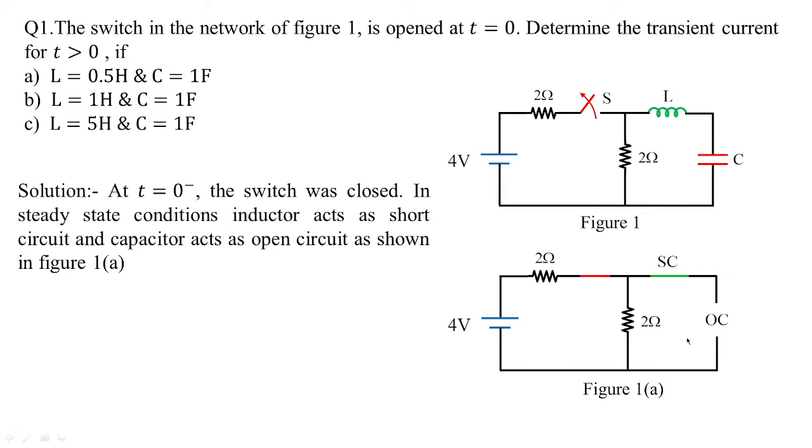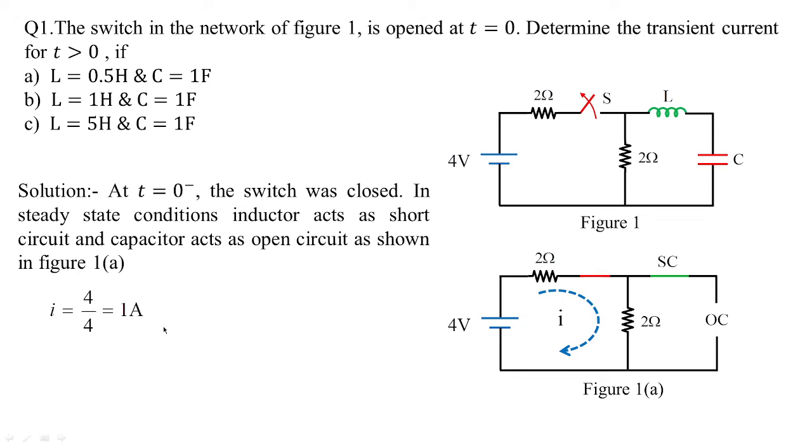Now with this data we have to find out the transient current solution for varying values of inductor and capacitors. When the switch was closed for long duration of time, certain current would have flown in the circuit. Let us treat that current as I, and since it's an open circuit over here, 2 and 2 ohms are in series with 4 volts and the value of current will be 1 ampere.